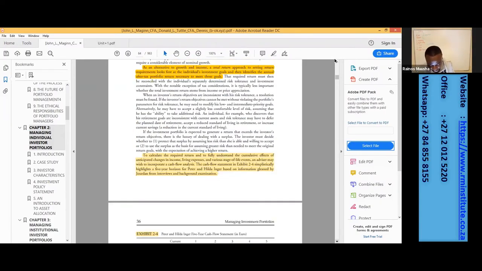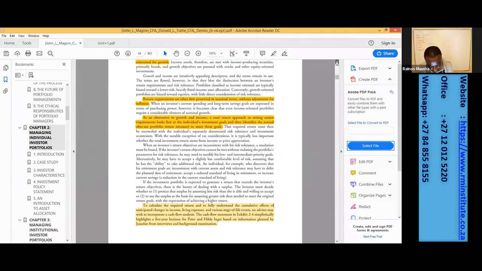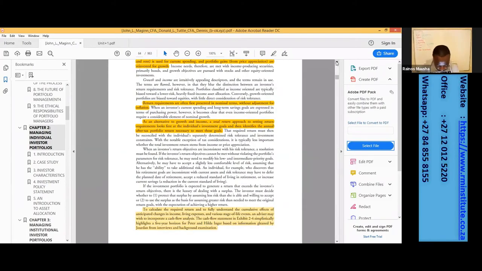Then if you go to the last paragraph under that section, they say, to calculate the required return, and to fully understand the cumulative effects of anticipated changes in income, living expenses, and various stages of life events, an advisor may wish to incorporate a cash flow analysis.